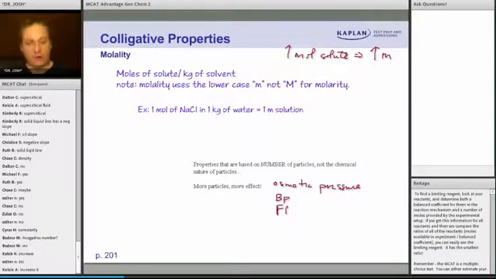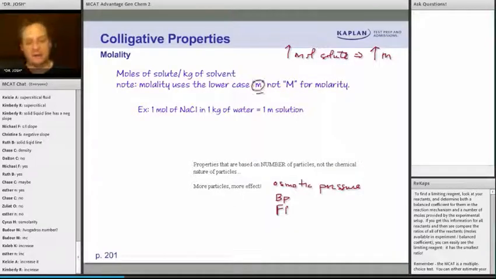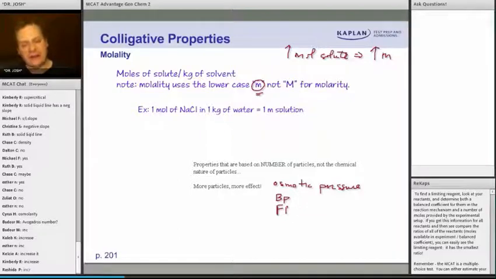Yeah. More solute, higher molality. We usually use the lowercase m for molality, and uppercase M for molarity. So if you have 1 mole of sodium chloride and 1 kilogram of water, you have a 1 molal solution. That's how we get little m molality.